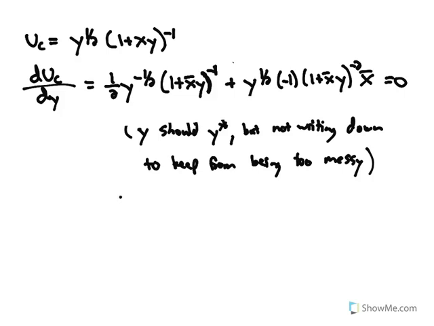So the left-hand side is going to be 1 over 2 times y to the 1/2 times 1 plus x bar times y. Again, these y's are really y stars. And then the other side, the -1 carried to the right-hand side disappears. We're going to have a y to the 1/2 up top.